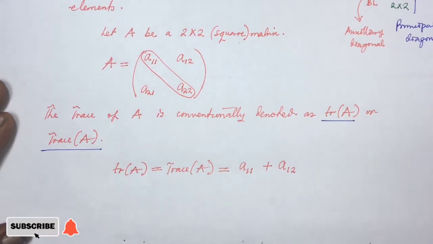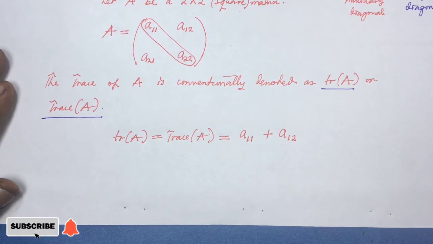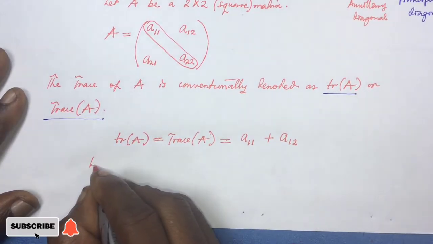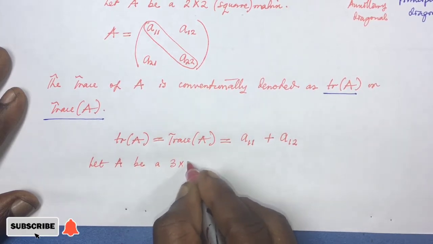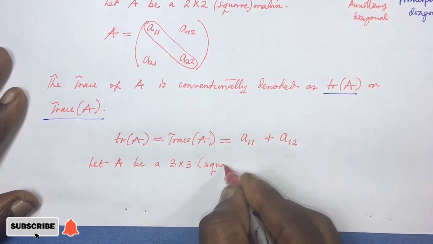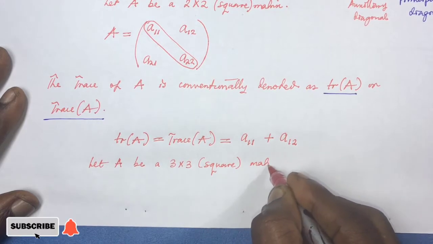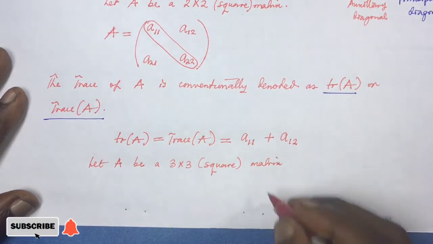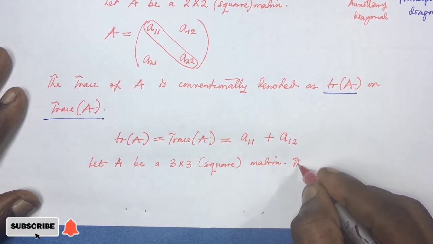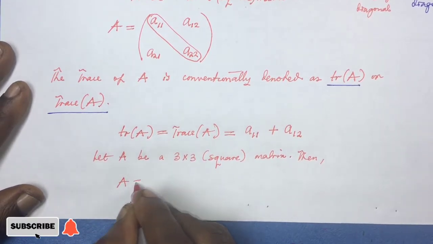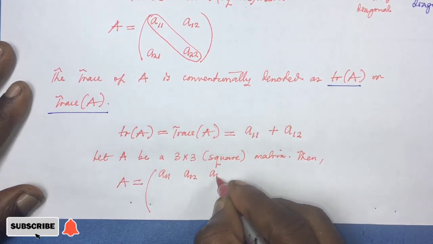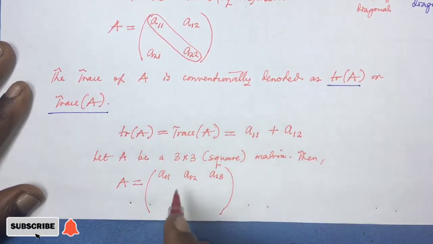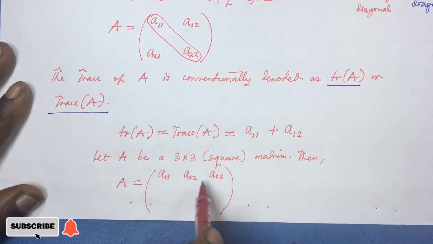Now, let A be a 3 by 3 square matrix. If A were a 3 by 3 square matrix, then A can be written as A11, A12, A13, the elements occupying the first row, but first column, second column, third column.